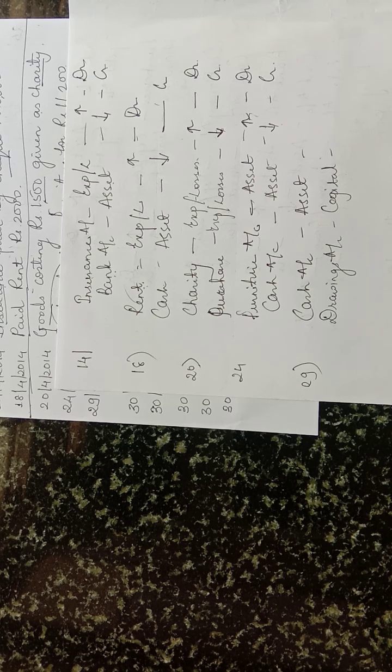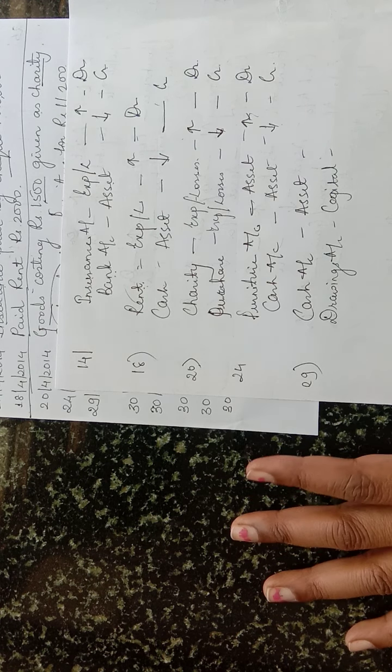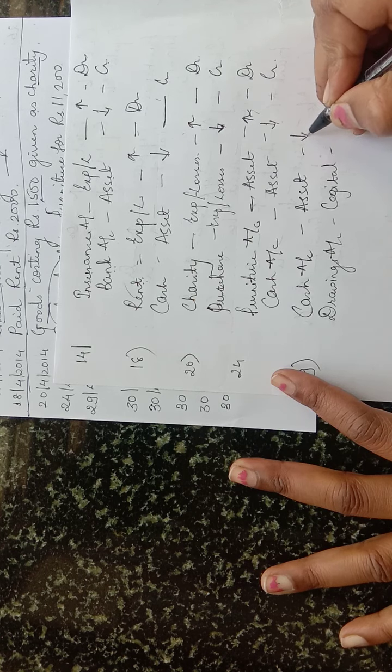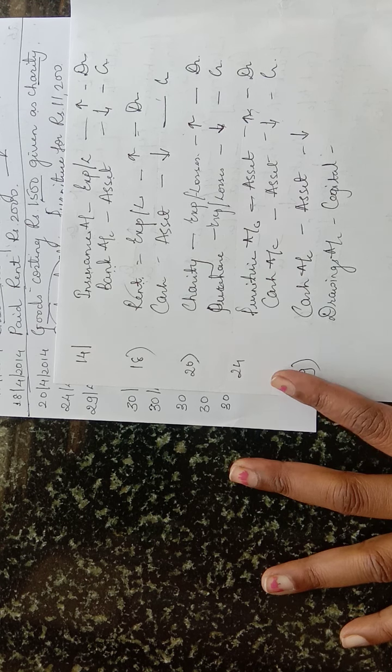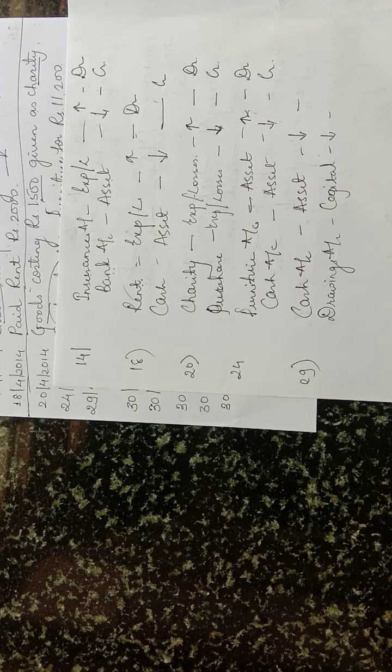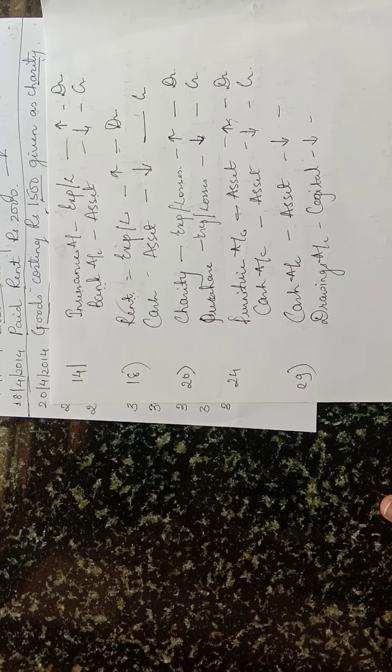So cash is withdrawn by the owner for personal purpose. Your cash balance is decreased from the business, and drawings, your capital amount is also decreased because from capital only we are withdrawing cash. So your capital balance is decreased.